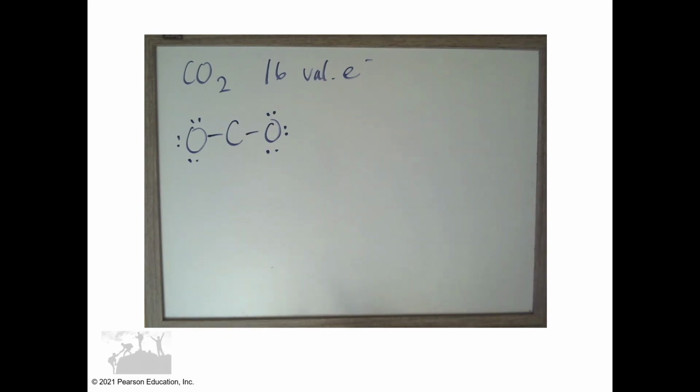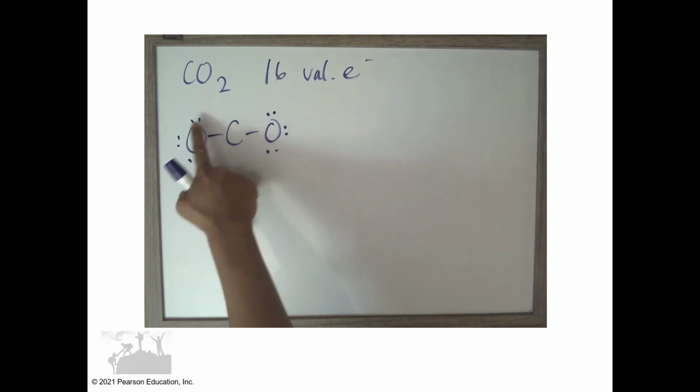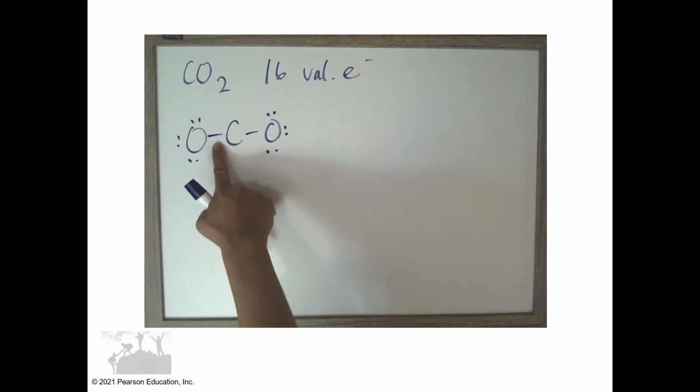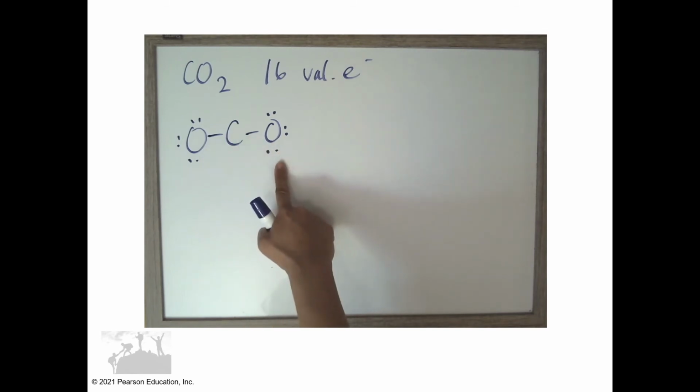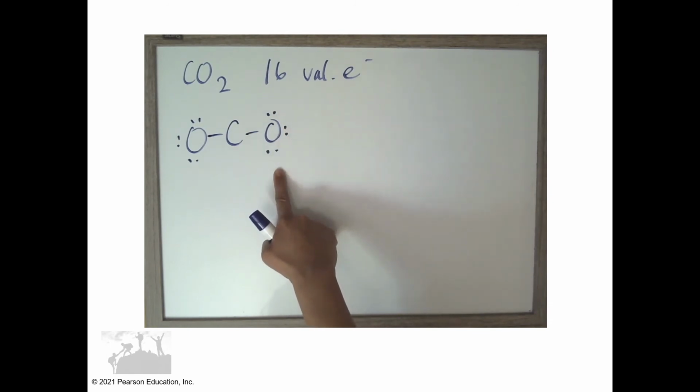Now let's see if we have complete octets. For this oxygen here, we have 8 electrons. We have 2, 4, 6, 8. Same thing for this oxygen. We have 8. This oxygen, we have 2, 4, 6, 8 electrons.